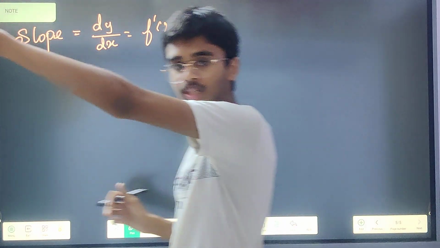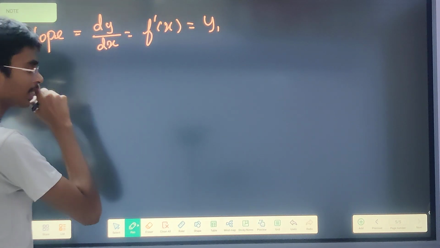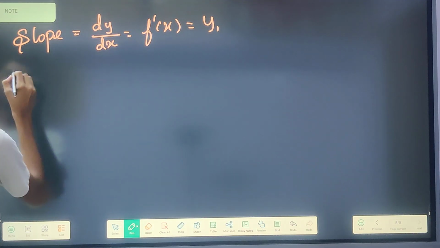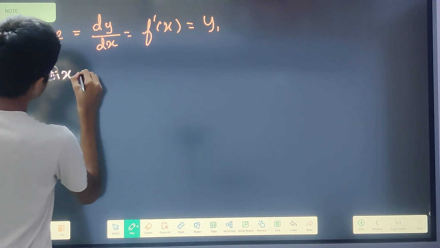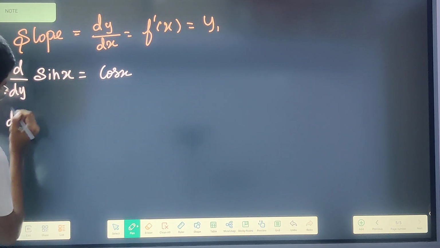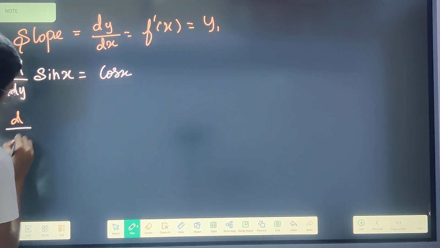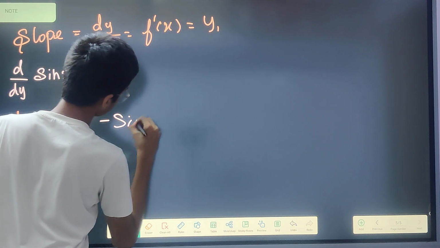There are many formulas in differentiation. I will not write all of them, I'll just give you examples of how they have come. So d by dx of sin x is equal to cos x. Then d by dx of cos x is equal to minus sin x.